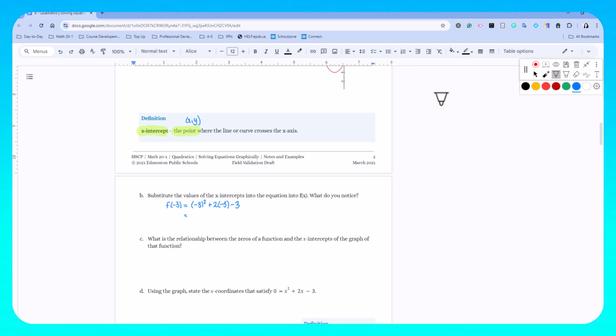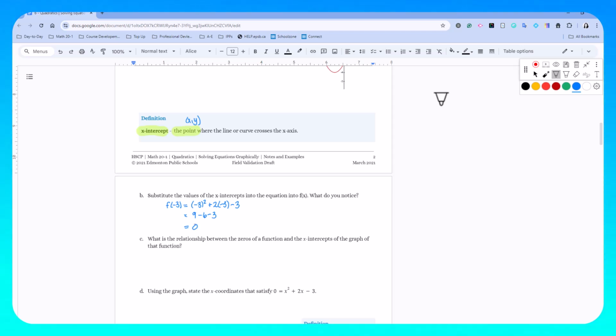Do a little bit of algebra. Negative 3 squared, we've talked about this a lot. This is a positive 9. Plus 2 times negative 3, well, that's actually plus a negative, so we'll just subtract 6 and then subtract 3. Okay, well, that equals 0.